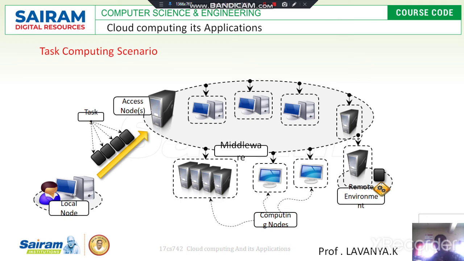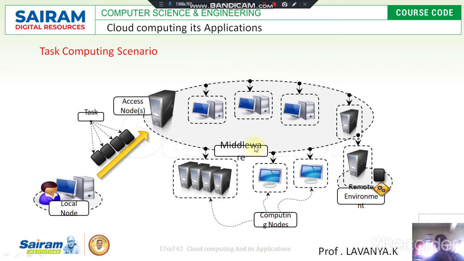Here I'm saying the multiple tasks approach the middleware access point. The local user can submit multiple tasks to the access node of the middleware, and it takes care of monitoring and controlling those tasks in the remote environment.